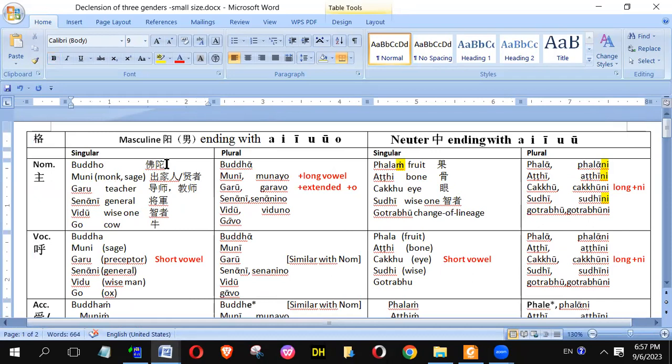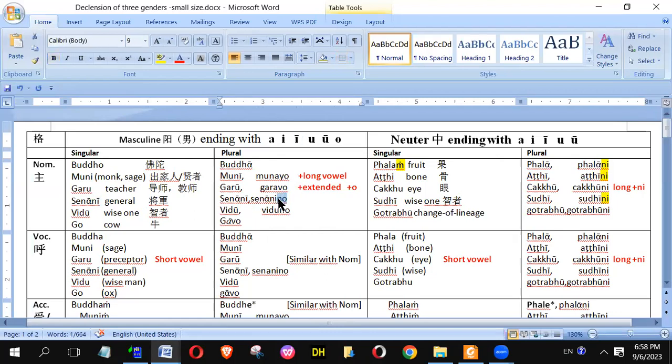The meaning of Buddha is Buddha, of course. Then plural, Buddha. Muni, monk or sage, plural becomes Munayo. Garu, teacher, Garavo. Senani, still maintains the long I. Why? Because the original is long I, all right? Because masculine can have the long I.